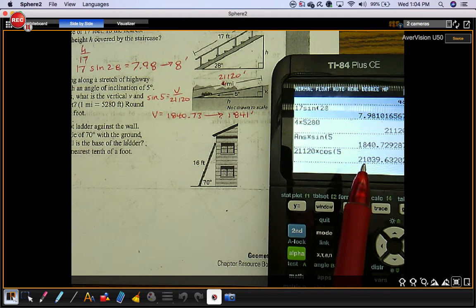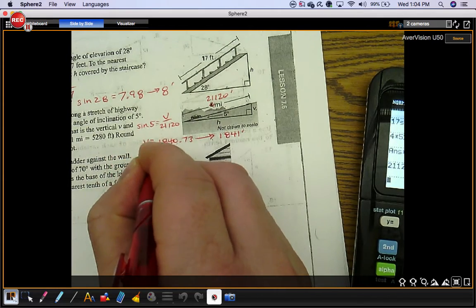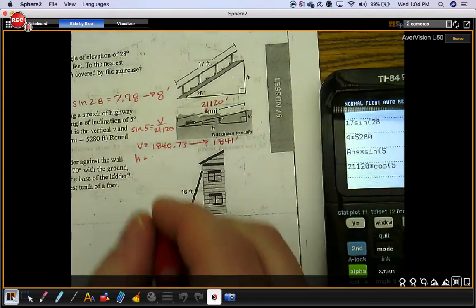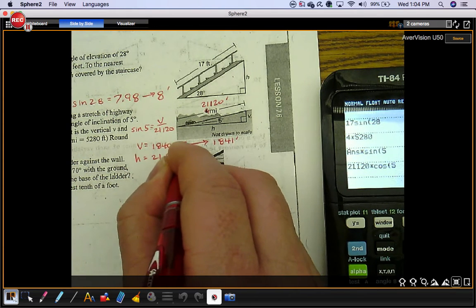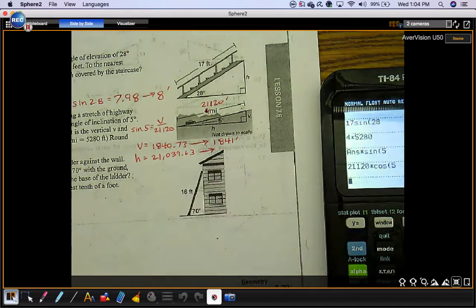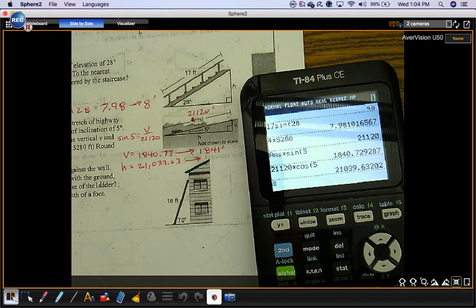And that gives me this answer, 21,039.63. But I'm going to round that guy to 21,040 feet.